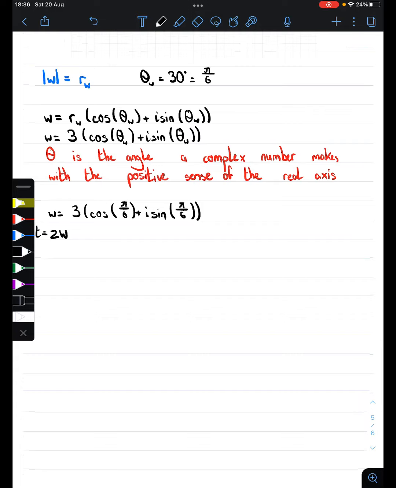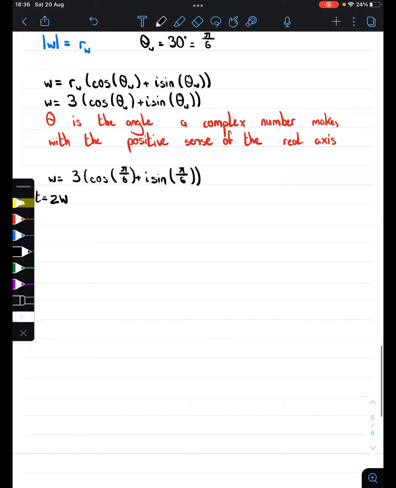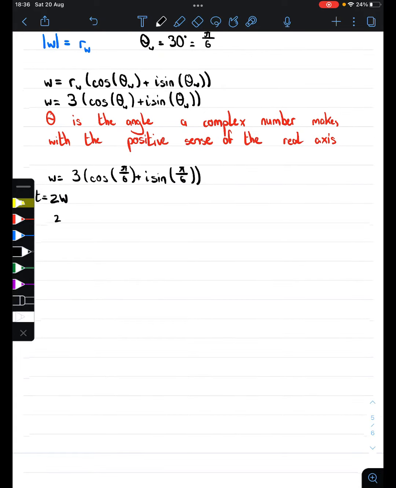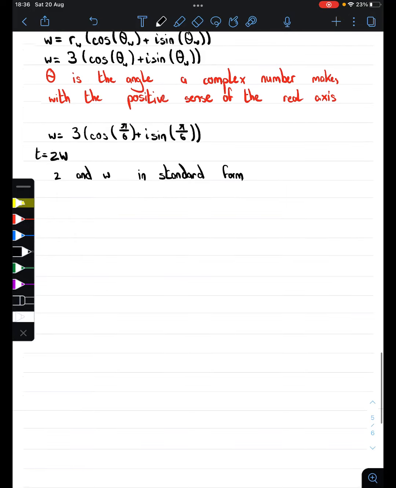T equals ZW. And now there's a couple ways we could do this. We could write Z and W in standard form, and we would just get AZ plus BZi, the standard form of Z, times AW plus BWi, the standard form of W, and we would multiply them out together and we would get an answer.